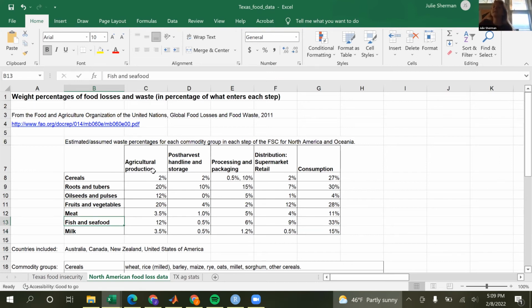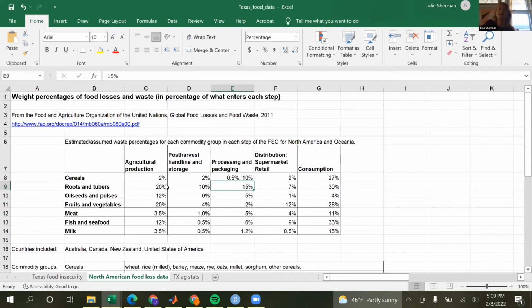And it breaks it down in the assembly line where things are getting wasted. So we see that most of it gets wasted in the consumption category. So that's almost a quarter to a third of the waste of grains, fruits and veggies, fish and seafood. But there are non-negligible wastes in production, post-harvest handling and storage, processing and packaging.